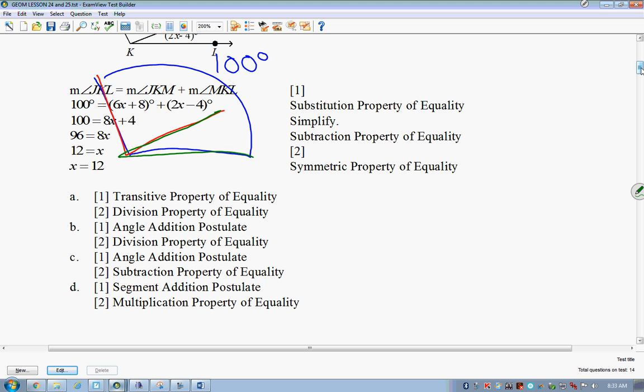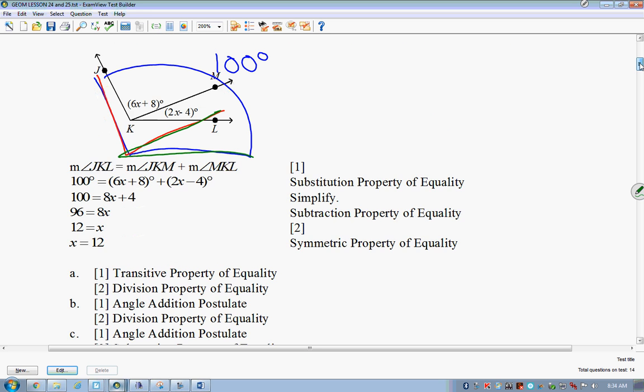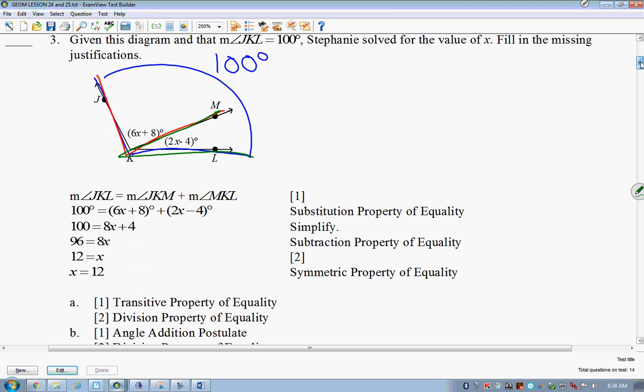So, okay. But let's not say B, because the answer isn't B. I need to know what the actual property is. What is the property that's being used? Anybody tell me the name of the property? There we go.